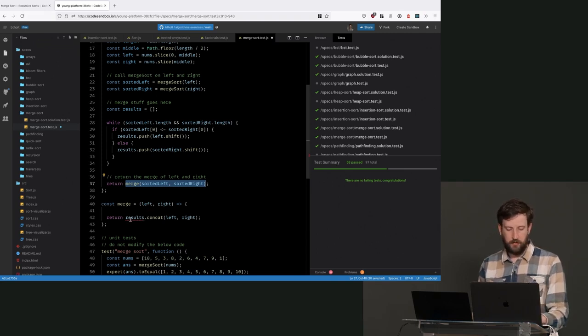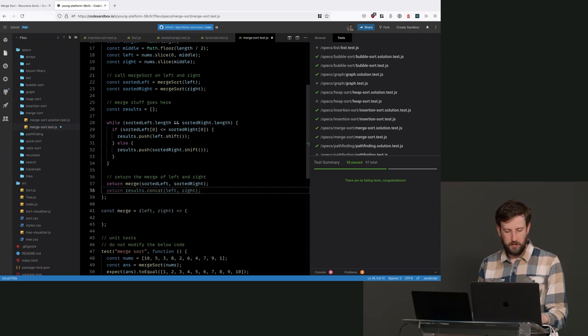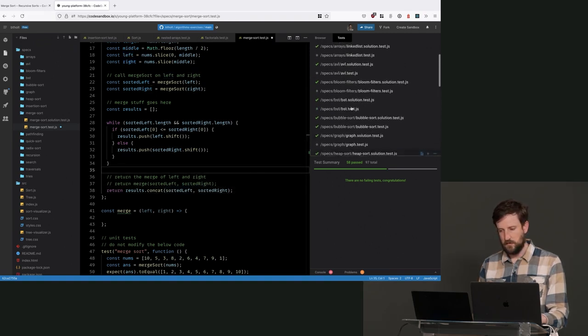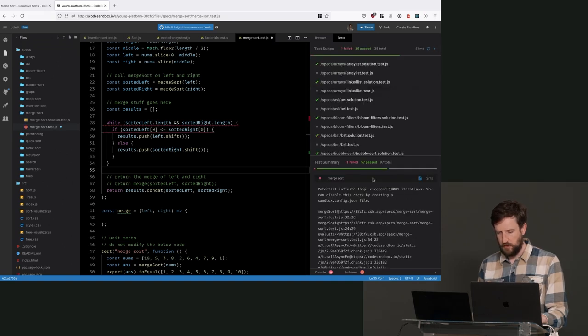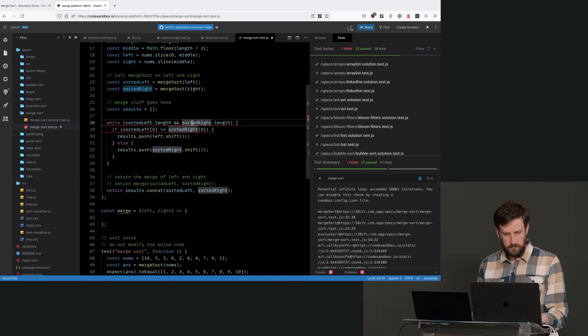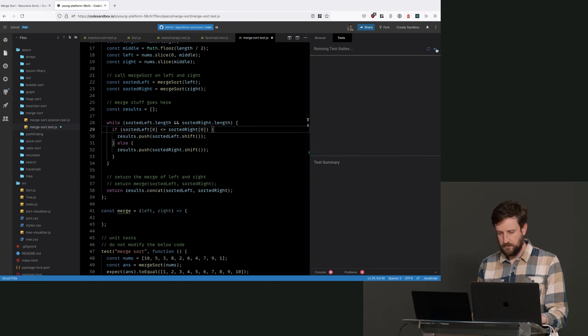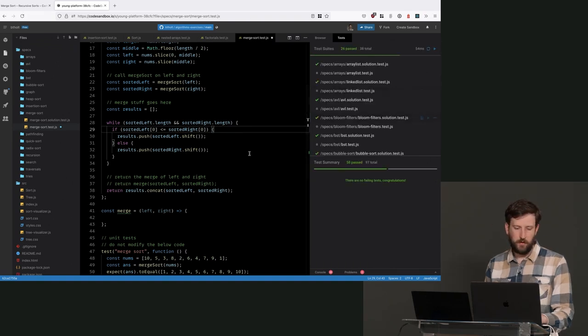All that stuff would just end up here. And I think this should still work. Oh, what did I do? Oh, this needs to be sorted left. There you go. And that works.